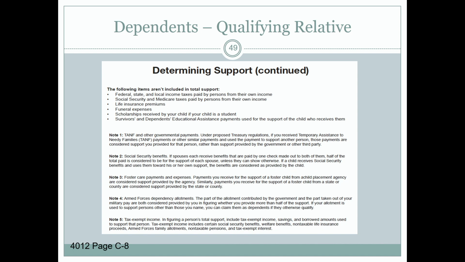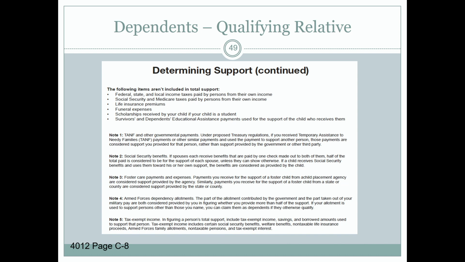Okay, note number 2 relates to Social Security. So if the spouses each receive benefits that are paid by one check made out to both of them, half of the total paid is considered to be for the support of each spouse, unless they can show otherwise.